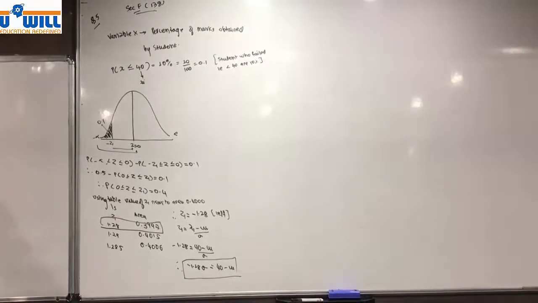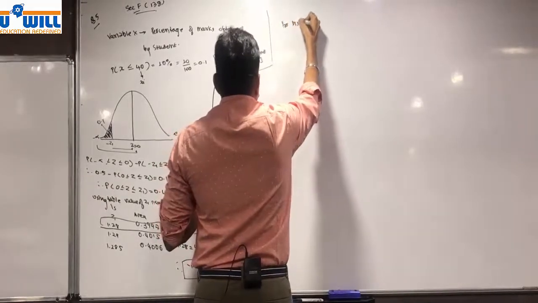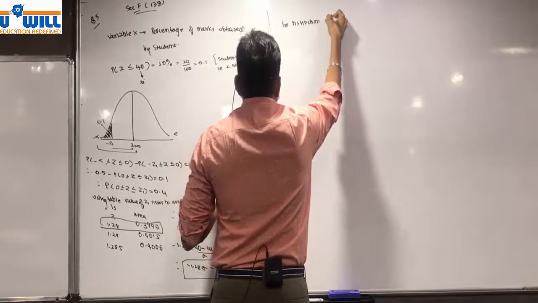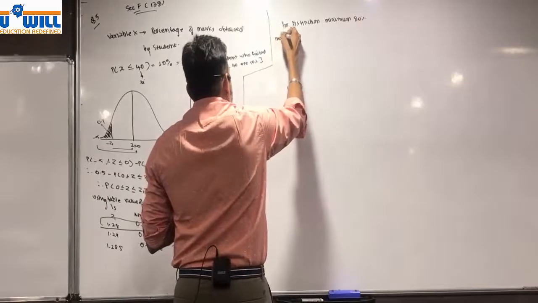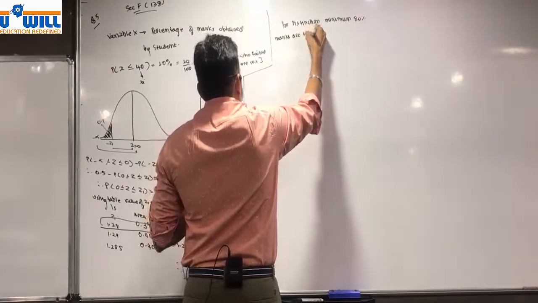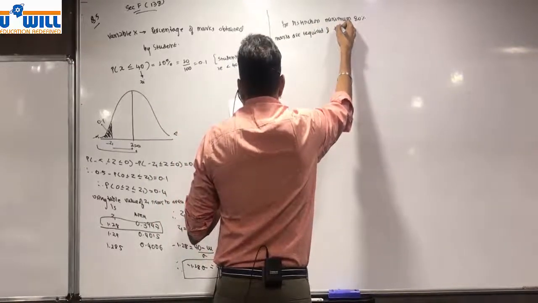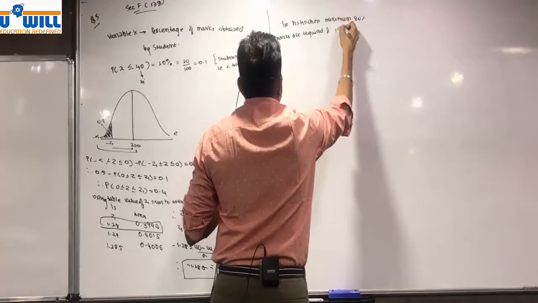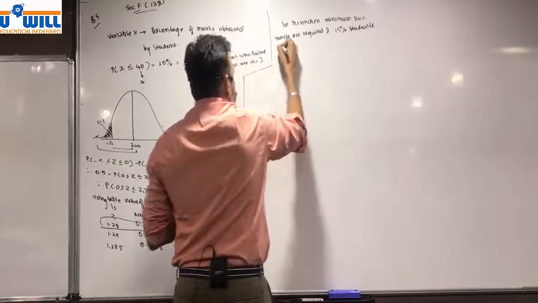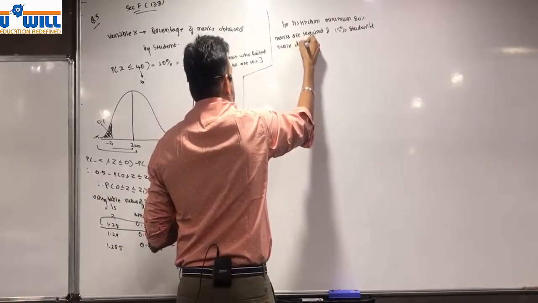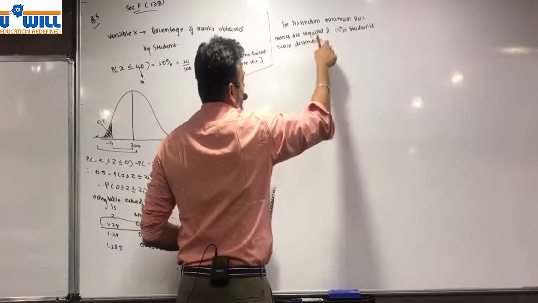Second, for distinction, minimum 80% marks are required and 15% students score distinction. 15% students score distinction.